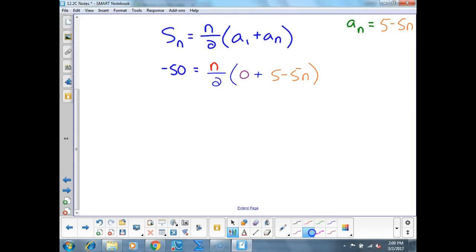So if I get rid of that fraction and multiply both sides by 2, that gets me negative 100 equals n times 5 minus 5n, because when I add 0 to it, it stays the same. Distribute that n.